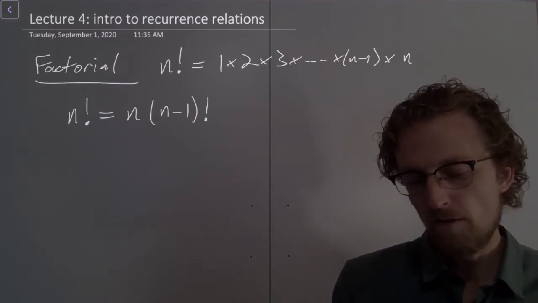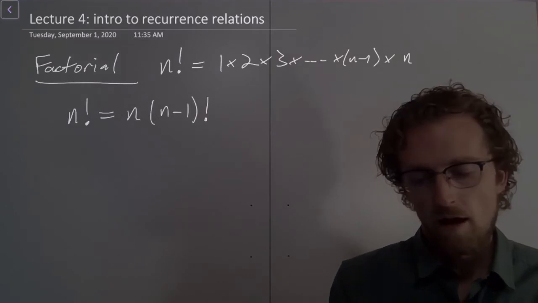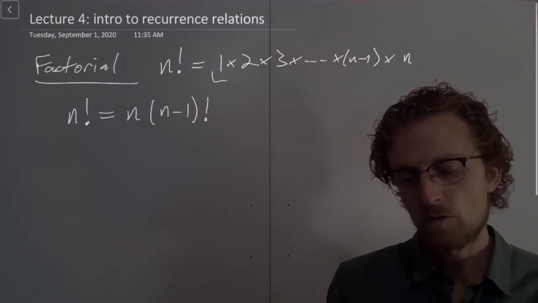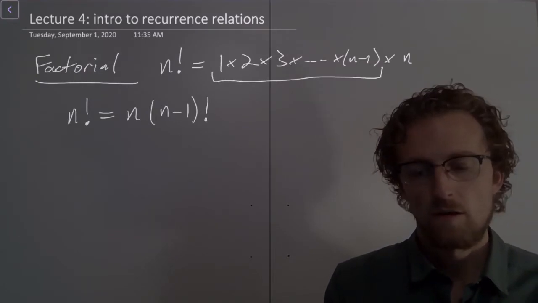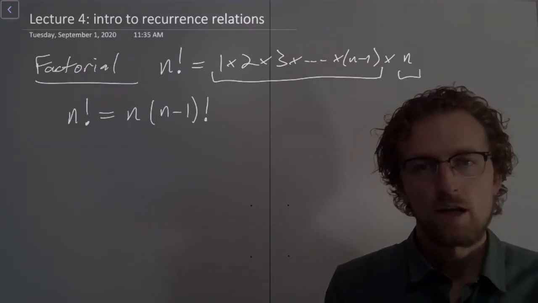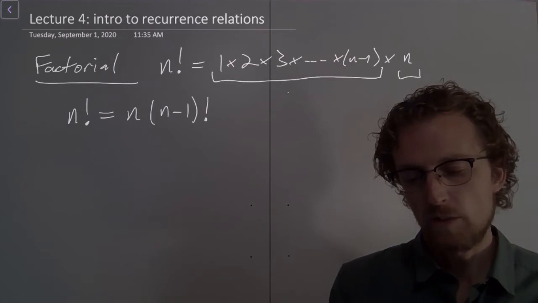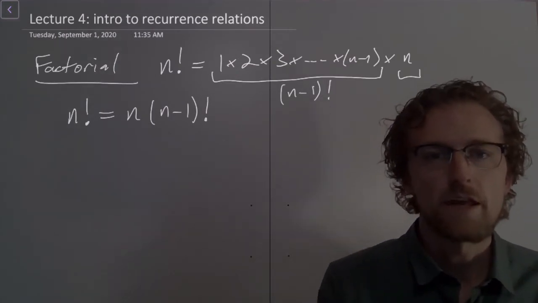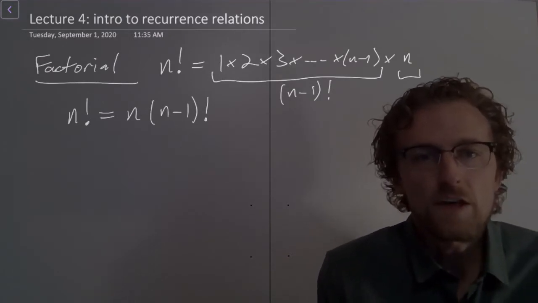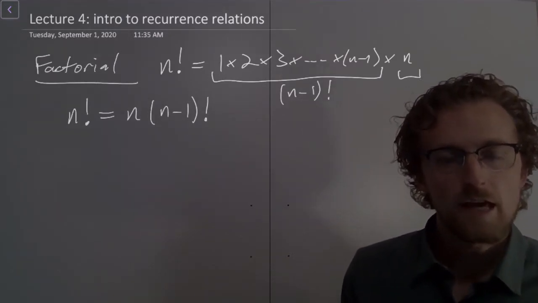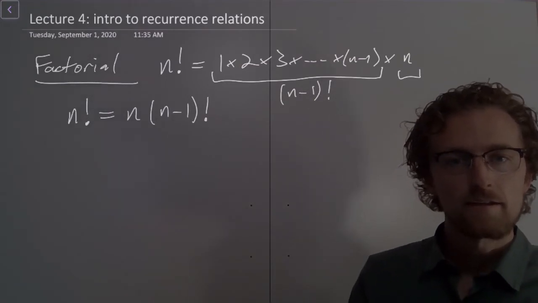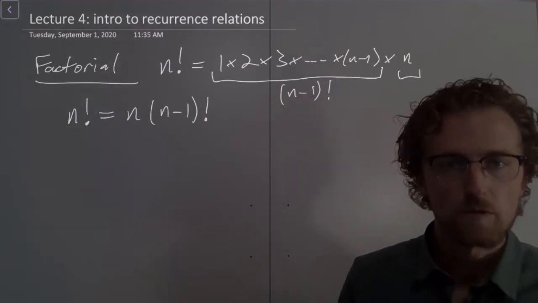So if I take n factorial, I can break that down into the product of the first n minus 1 integers and n. Right? So this first piece is just n minus 1 factorial. Right? Times n. So this is one way of thinking about n factorial: n factorial can be defined as n times n minus 1 factorial.